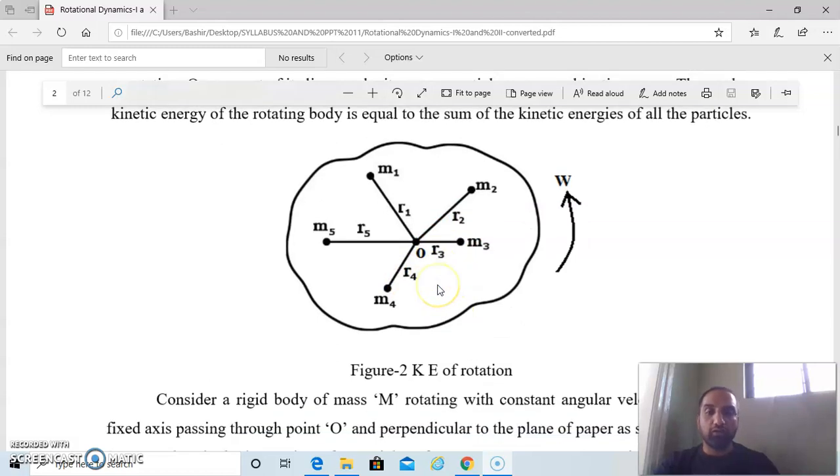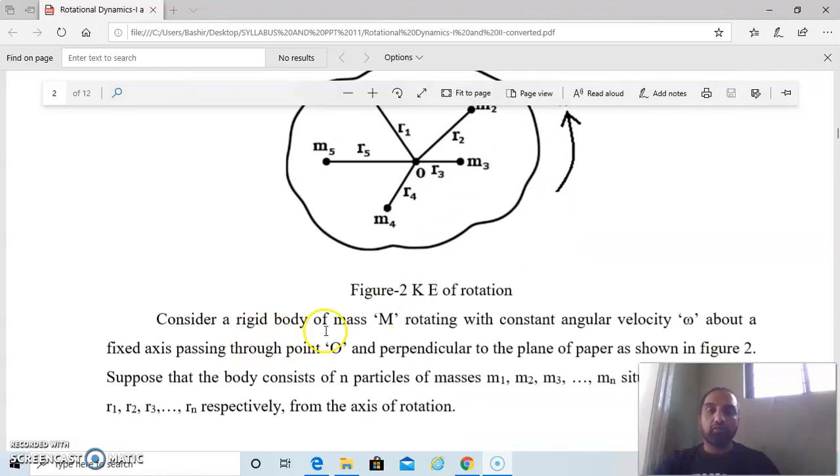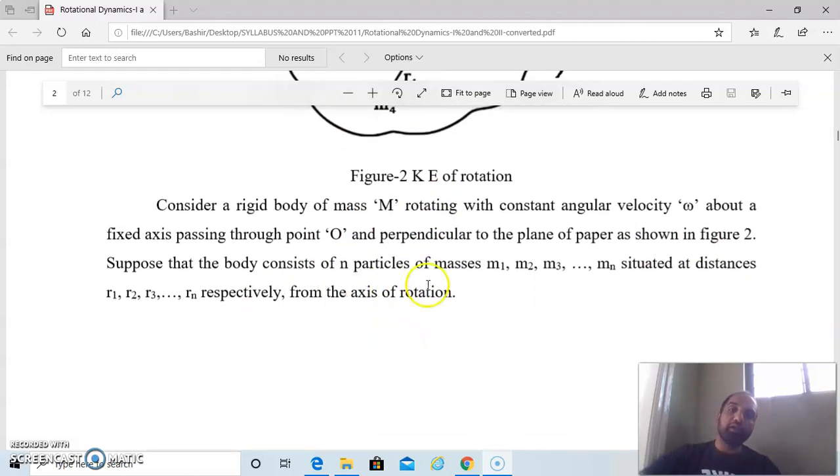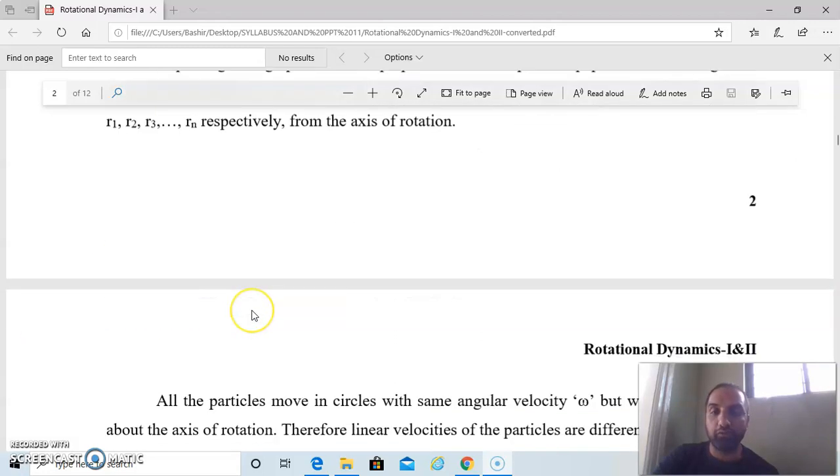The total mass of the body is the summation of the masses of all the particles within that body, and they are rotating with angular velocity omega about a fixed axis passing through O and perpendicular to the plane of the figure. If there are n particles, these are m1, m2, m3 up to mn, situated at distances r1, r2, r3 up to rn respectively from the axis of rotation.